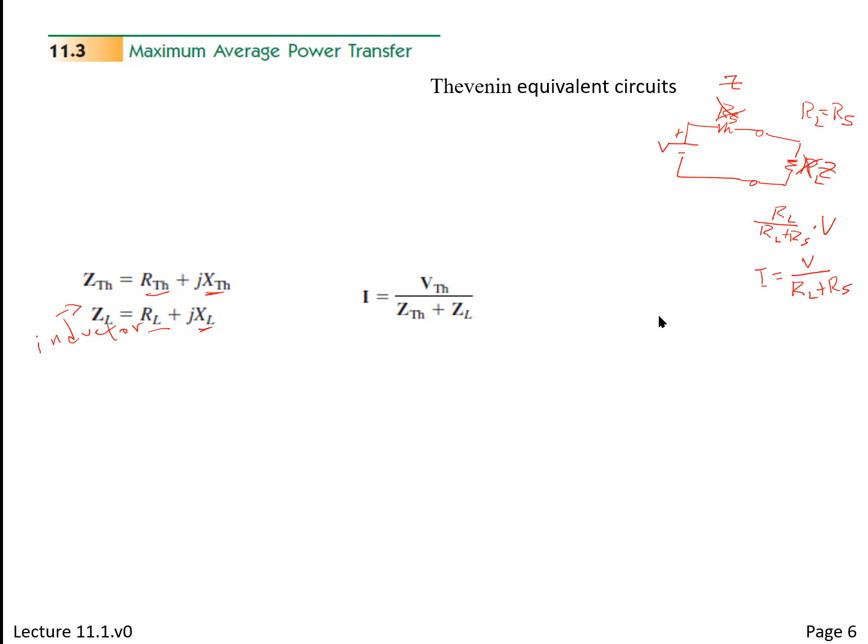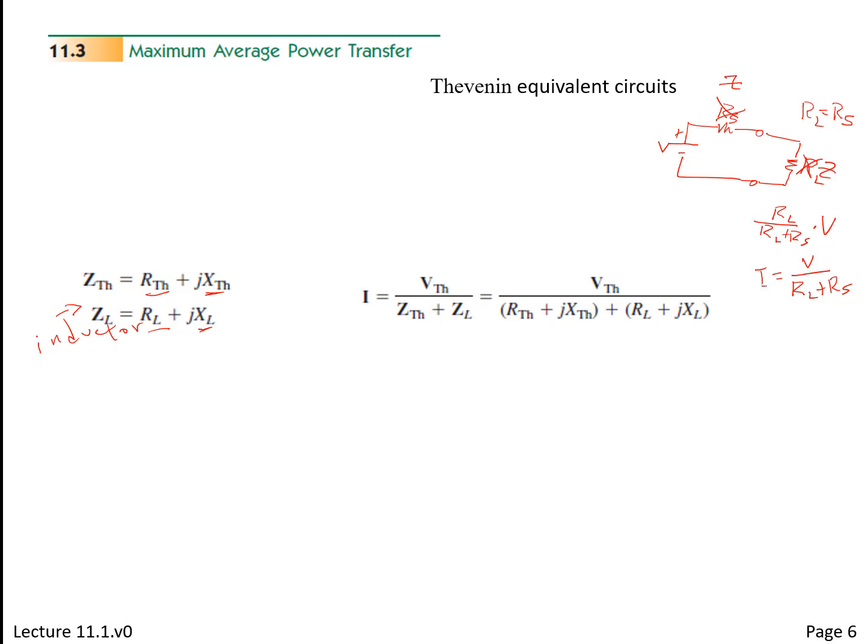My source is the Thevenin here, but it's the same thing going on, except now we've generalized it in terms of complex numbers. So if we plug all this in, we can continue to collect things together. We have the Thevenin equivalent resistance, the real part, and the Thevenin equivalent reactive part.